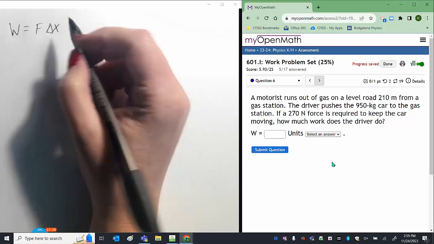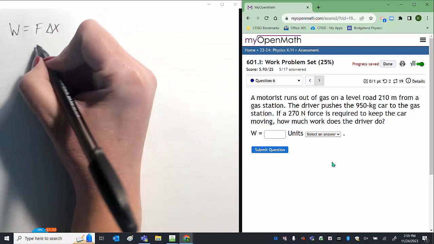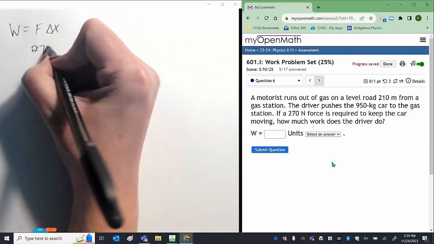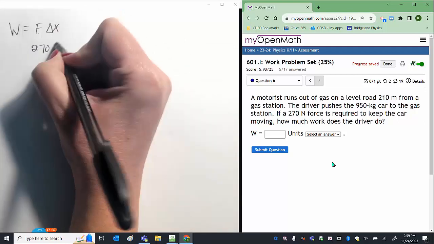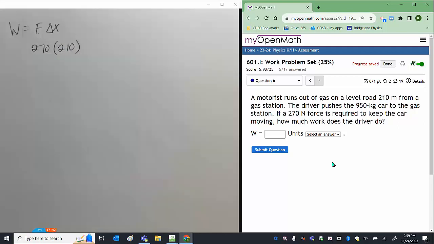The driver pushes with a force of 270 newtons over a displacement of 210 meters. The mass of 950 kilograms is just extra information; we don't need it.